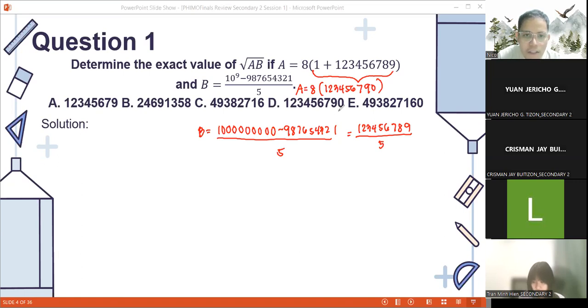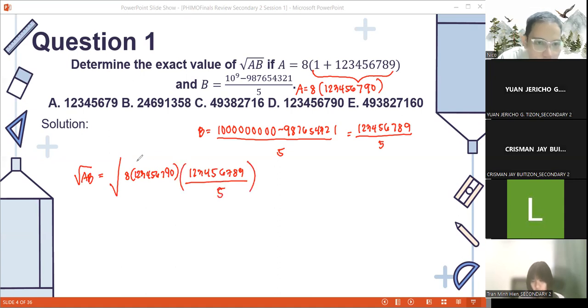Now, let's continue. Let's have the square root of AB. What is the value of the square root of AB? So the square root of AB here is the square root of 8 times 1,234,567,890 times 12,345,679, divided by 5.